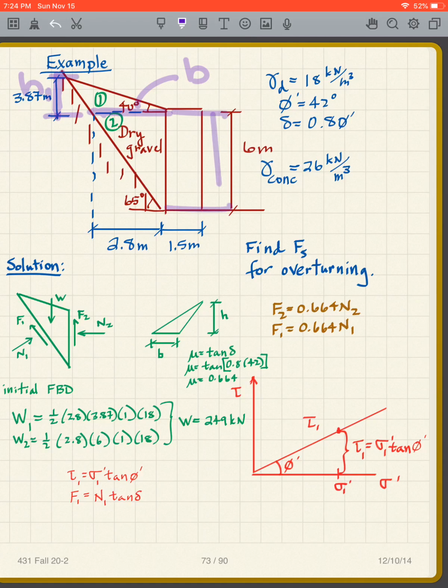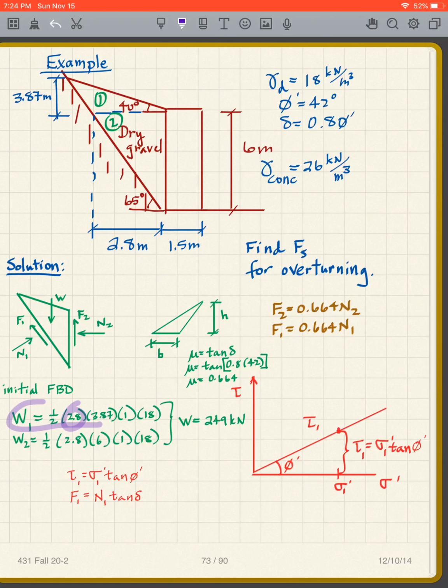This distance here we can take as my H for triangle 2, or vice versa. So it's 1/2 B times H. So I have, for triangle 1, 1/2 of 2.8 times 3.87. So that's this distance times this distance.